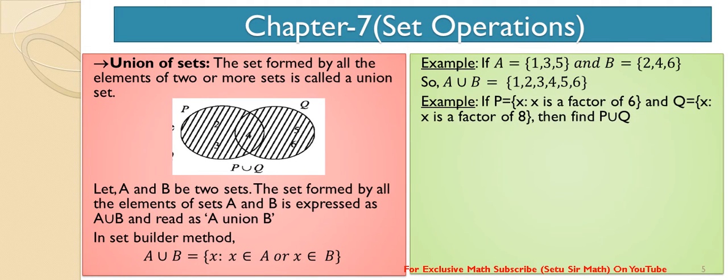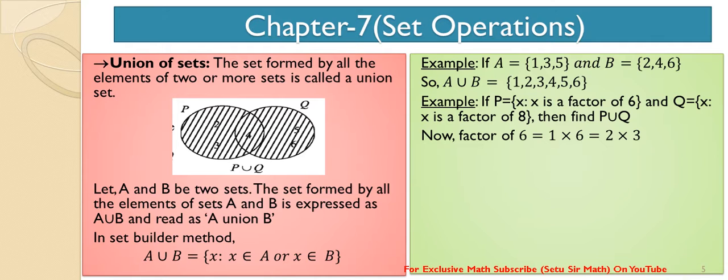Let us follow another example. If P equals {x such that x is a factor of 6} and Q equals {x such that x is a factor of 8}, then find P union Q. At first we have to find the P set and Q set.